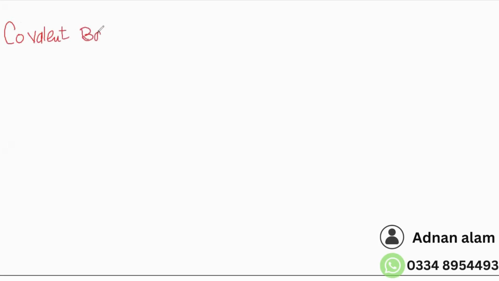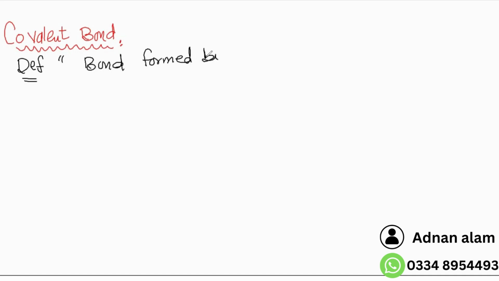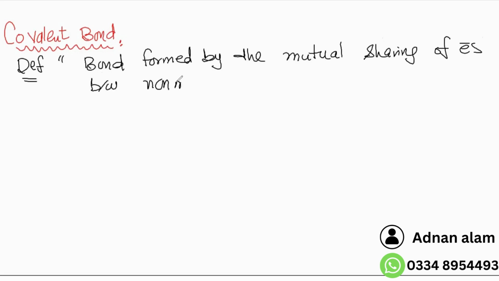Covalent bond. Yes, because you know how to define covalent bond. The definition can be of 2 marks. Bond formed by the mutual sharing of electrons between two non-metal atoms.